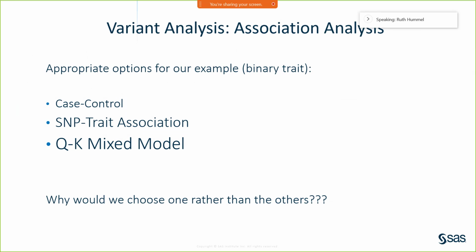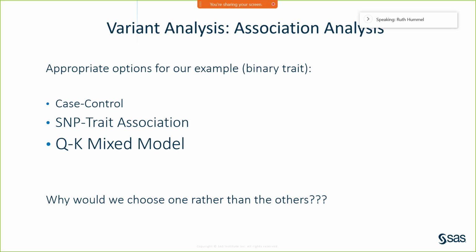When I'm doing this variant analysis, I have a lot of options here. Most of these things are typically called GWAS, genome-wide association study, but they're sort of nested things. So a QK mixed model is kind of the big brother statistical analysis that allows you to put a lot of extra information in the model.